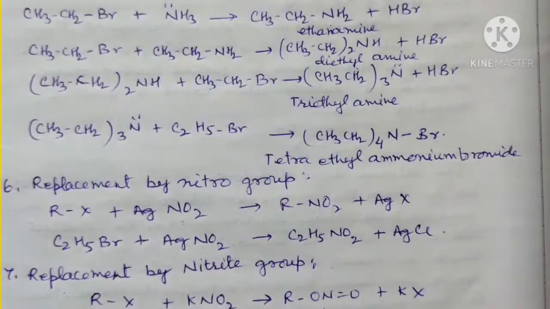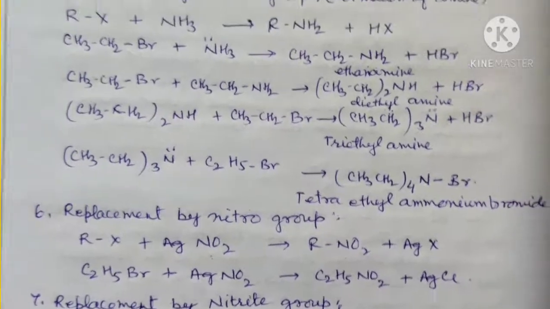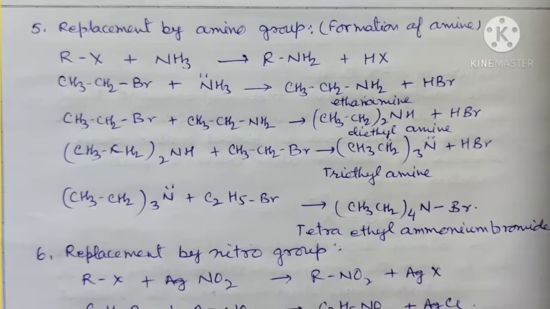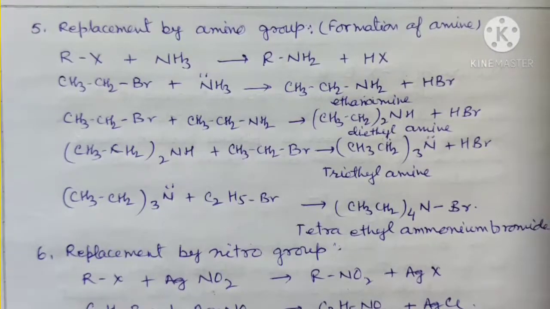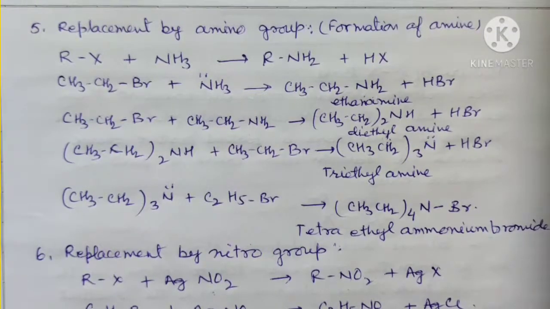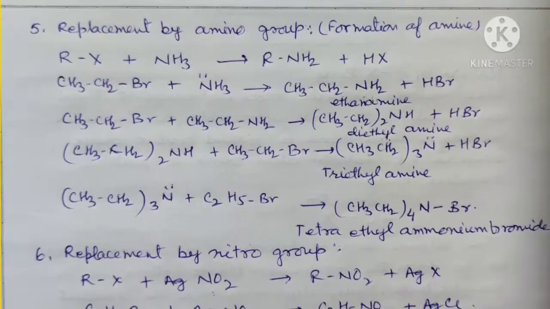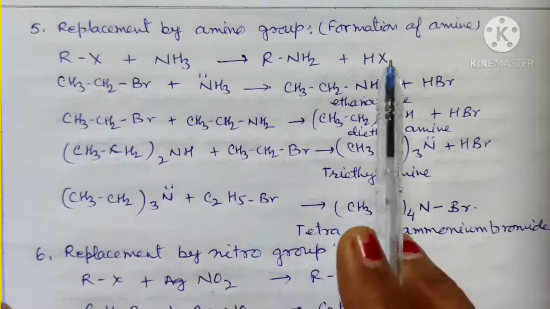Now we'll see the next, the fifth one, the replacement by amino group, that is the formation of amine. The name of this reaction is Hofmann's ammonolysis of alkyl halide. On heating haloalkane with alcoholic ammonia solution in a closed tube at 383 Kelvin, halogen is replaced by amino group to form primary amine.